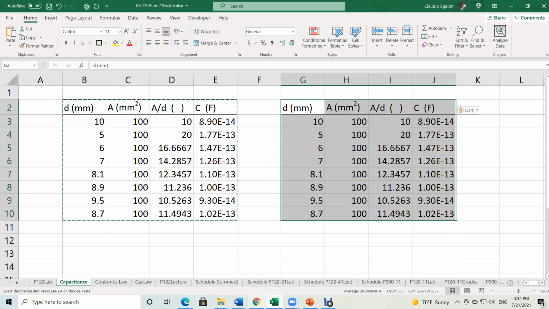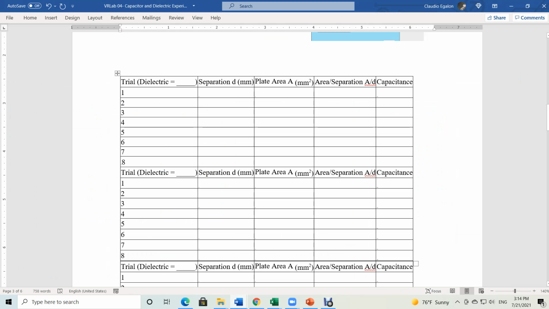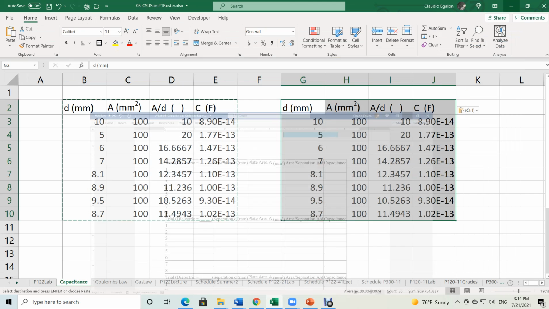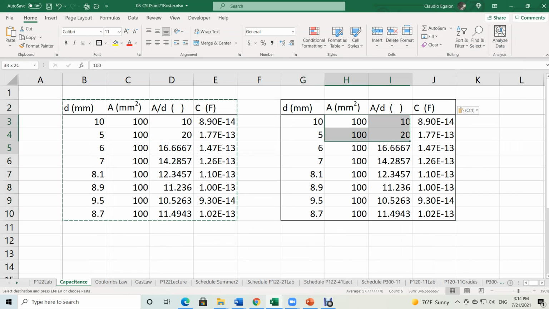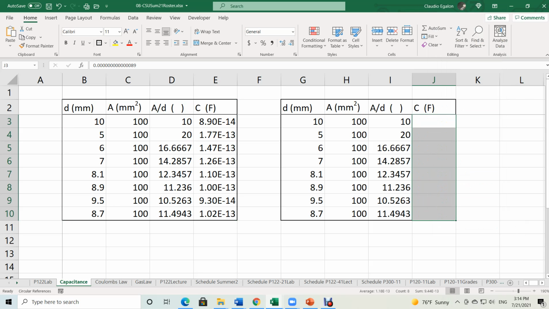We will need, let's see if we need anything else. Separation plate, yeah. All we need is to put, I'm going to clear that. Now I will clear this one. We keep the same separation. Yeah, let's keep the same area. Right, it's just the capacitance that's going to change because now we have, and then here you go, we're going to put our Kappa constant here at the top.